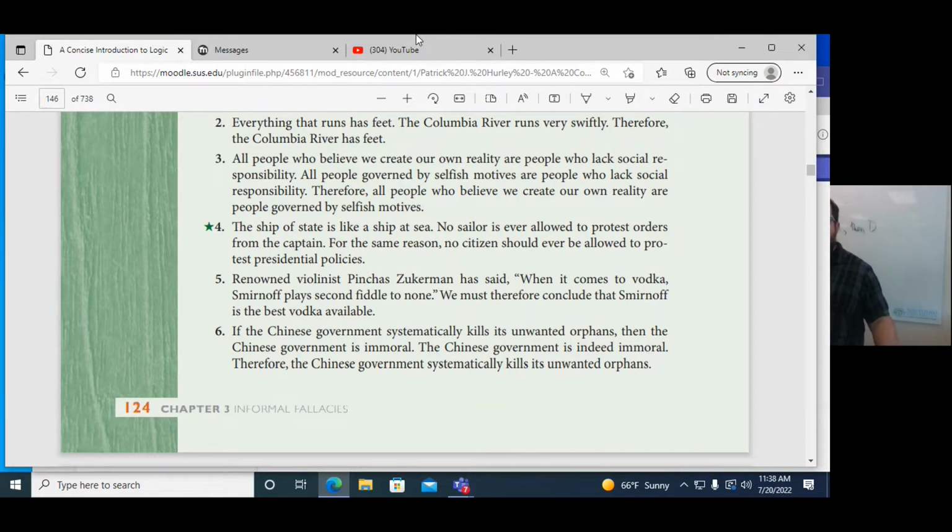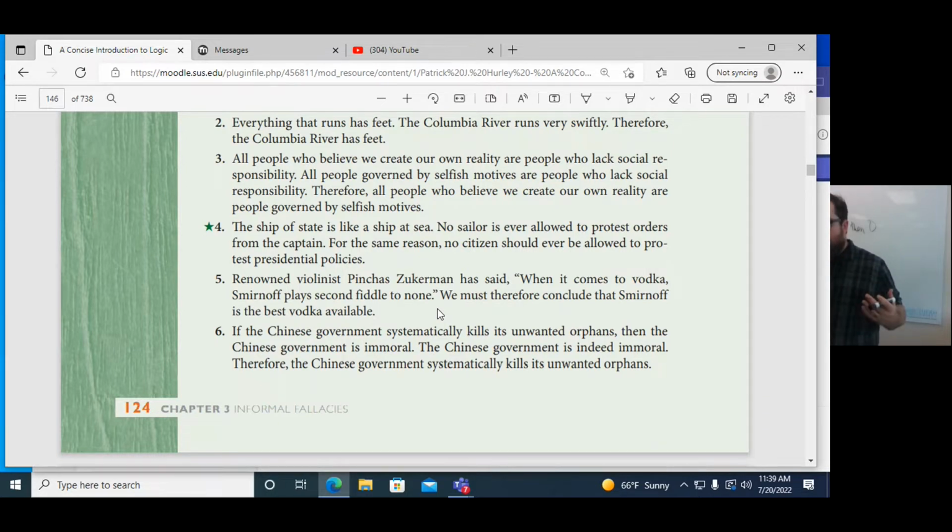Now, Pinchas Zuckerman, right? This is a form of the ad populum fallacy, that simply because a celebrity endorses a product or says something true, you should accept the conclusion. Notice here there's no premises or evidence that Smirnoff vodka is the best vodka available. And there's no transparency about the metrics we're using to measure these preferences as to why Smirnoff is the best form of vodka, etc. Right?